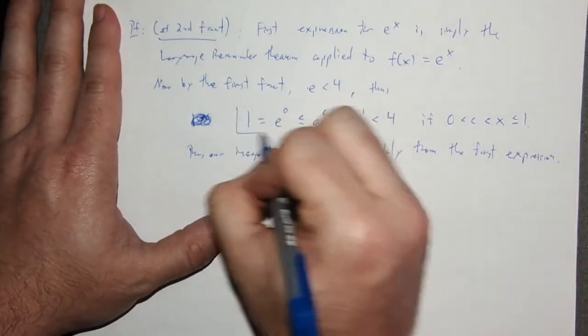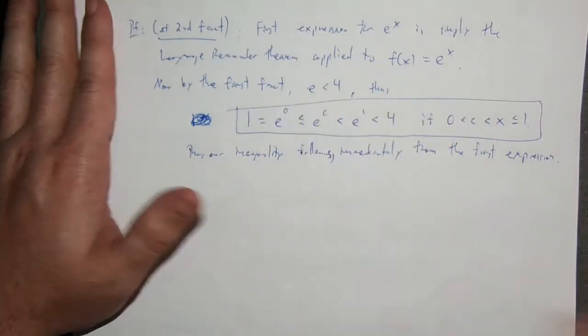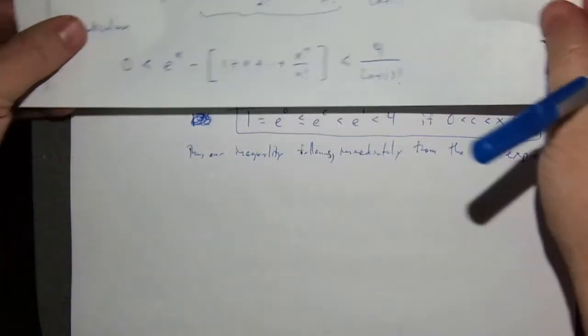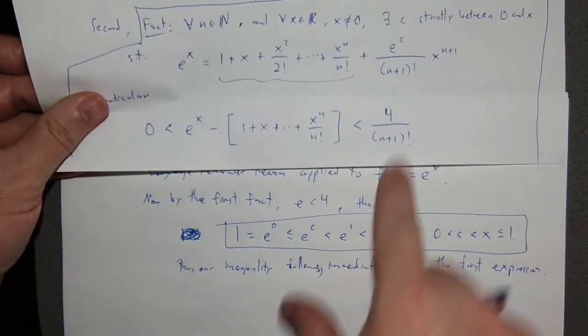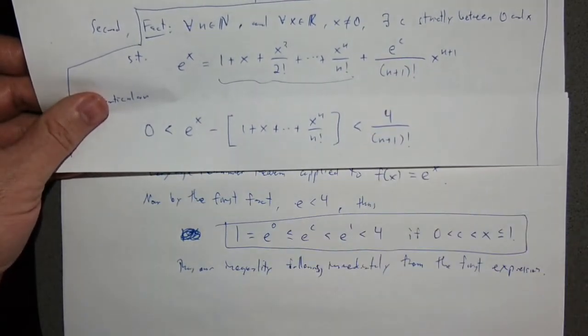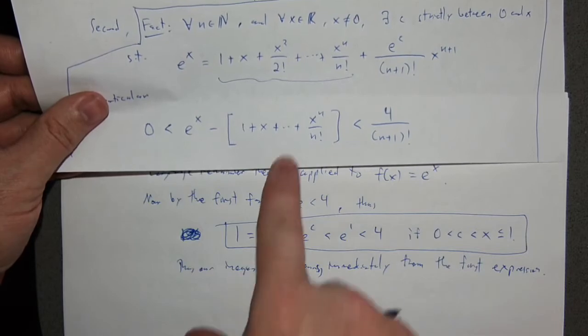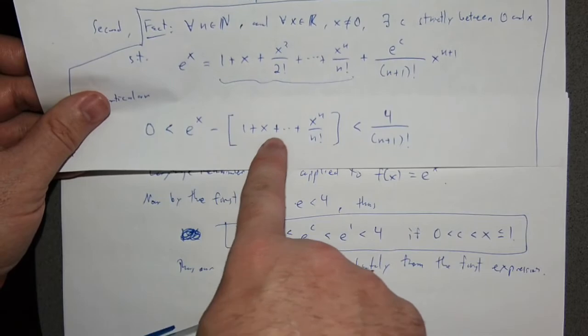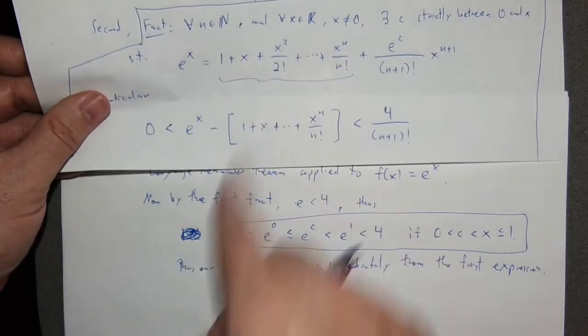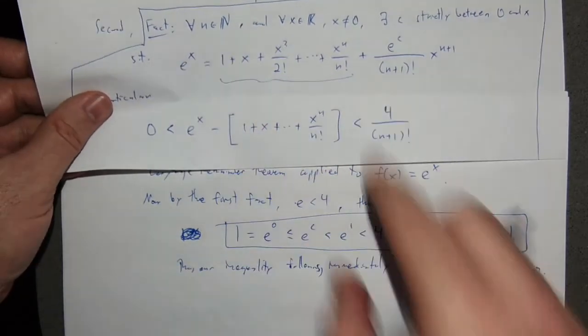So, using this estimate here, what do I get? I get that if I subtract off 1 plus x plus and so on all the way, so if I subtract this p sub n off, this is what I'm left with.